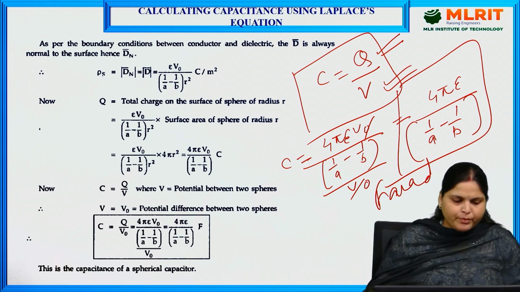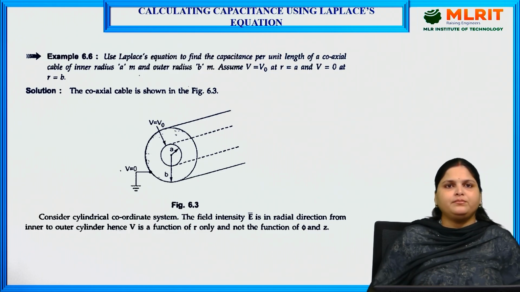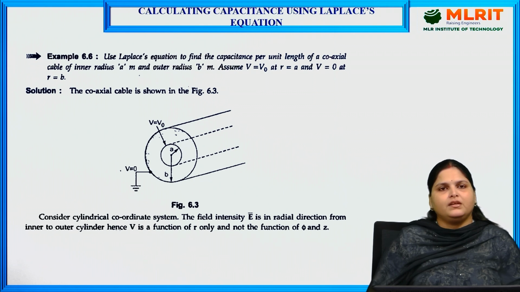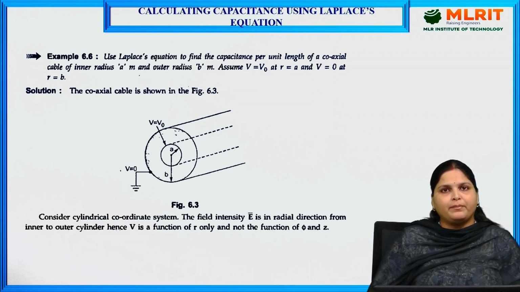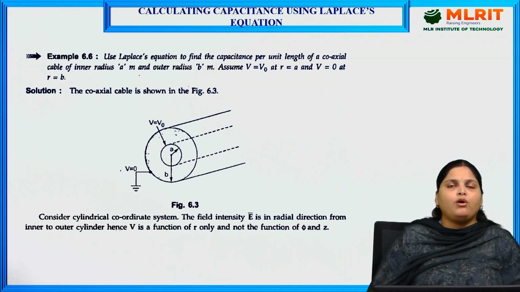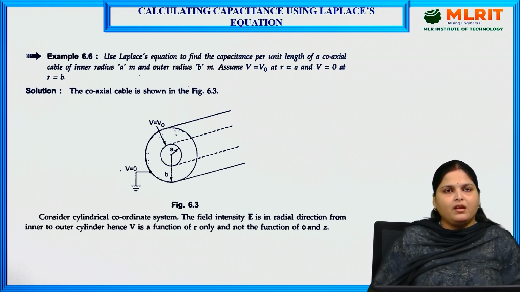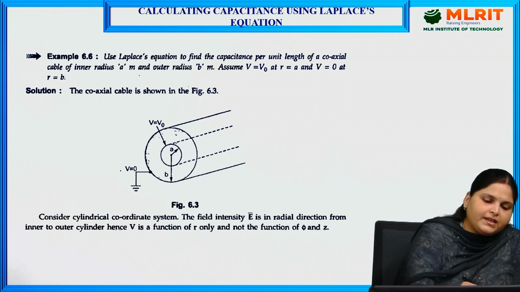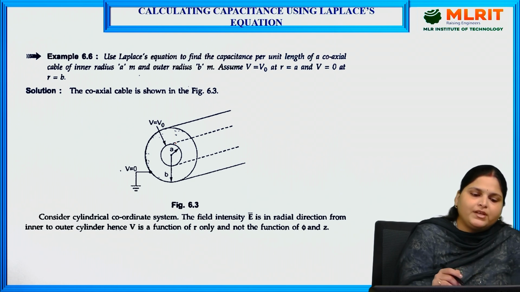Let's take one more question to understand it better. In this question, we have to use the Laplace equation to find the capacitance per unit length of this coaxial cable. You can see there are two coaxial cables.